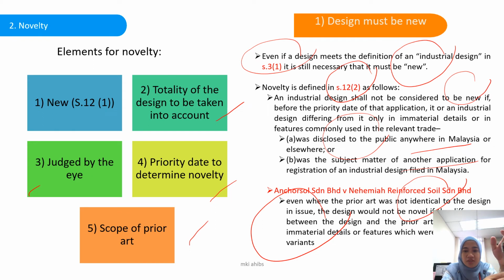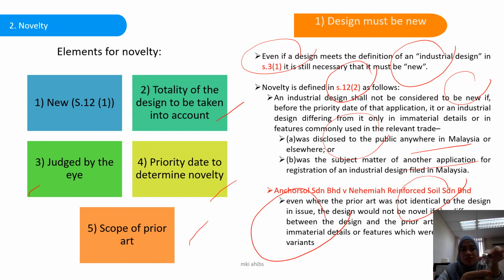For example, there is this watch here. Let's say the prior art has this button here on my right hand side, and it also has this kind of design at the back of the watch.